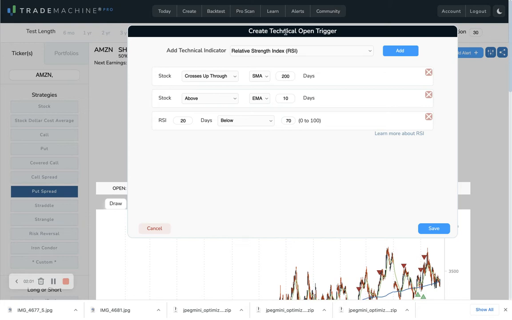If the stock is below the 200-day moving average, very likely it will be below the 70 level of RSI. And remember, RSI is the relative strength index, and it measures whether a stock is overbought or oversold. If it's oversold, it's below 30. If it's overbought, it's above 70. So that's how it works.